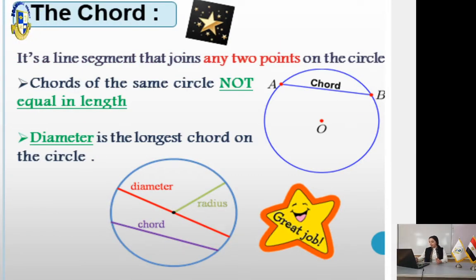And now you have to know the meaning of the chord. What is the meaning of chord? A chord is a line segment like that. A chord is a line segment that joins two points on the circle, but doesn't pass through the center of the circle, like that.